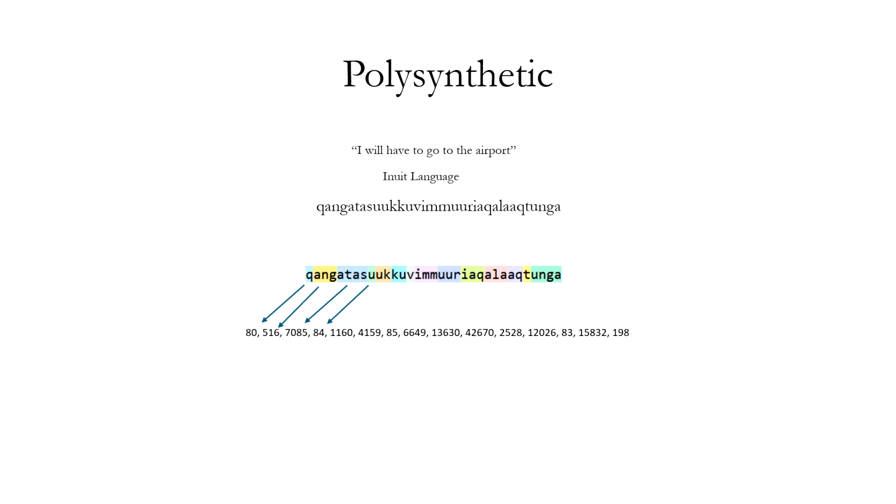So here's a polysynthetic example, and this is something that I'm probably not going to even be able to pronounce, right? But "I will have to go to the airport" in the Inuit language is this long string here. And you've got each number corresponding to a particular character.